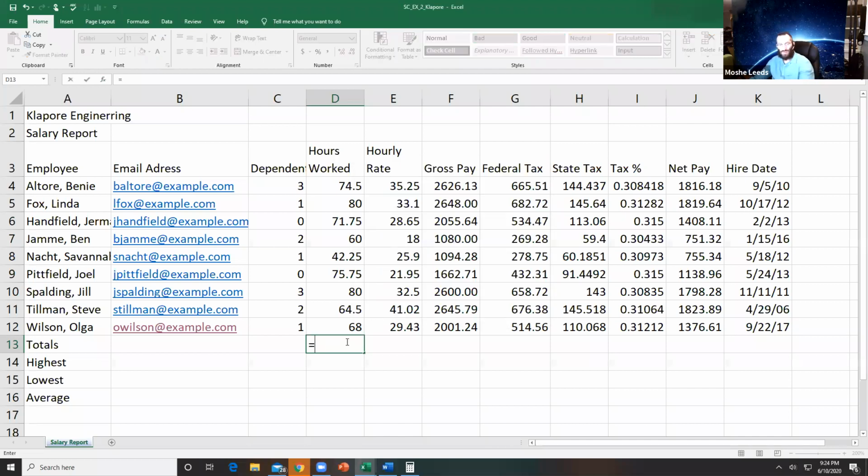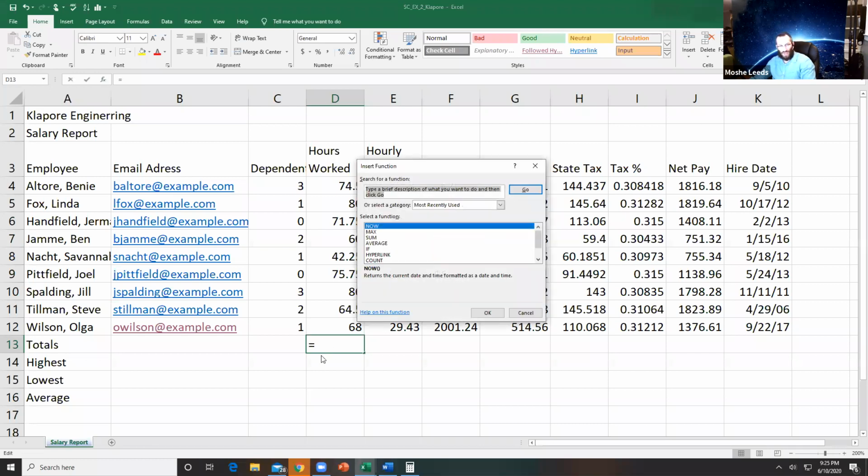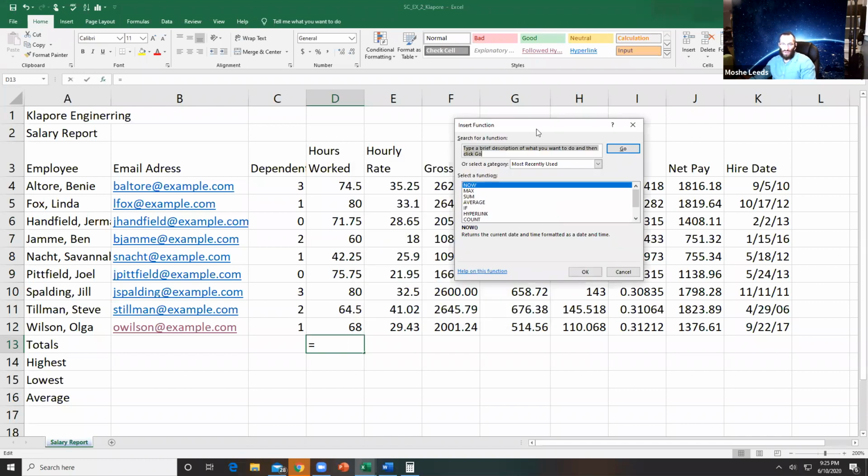I could do equals. But here, let's say I want to know what my formula functions are. So I'm highlighted, I click here, this FX button, insert function. It automatically creates that equal sign, and it brings up all these functions.